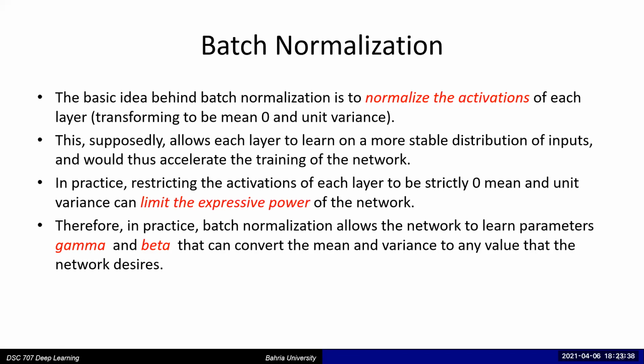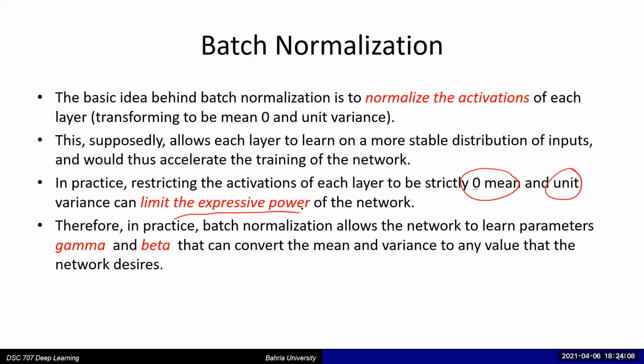Now, another important piece of information is that when you are doing this normalization, you are making sure that mean is 0 and variance is 1, right? If you subtract mean and then divide by STD, you are making sure that you have a distribution with 0 mean and unit variance. But in some cases, it can be argued that fixing the distribution to have 0 mean and unit variance can actually limit the expressive power of the network.